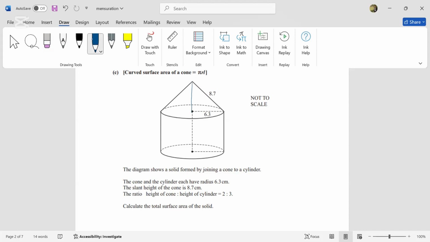Okay, we are going to use the Pythagoras theorem. 90 degrees made here, so this will be our h. H square equal to b square plus p square. Hypotenuse is given to us, 8.7 square equals 6.3 square plus x square.